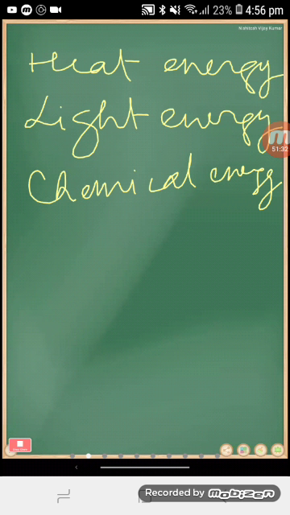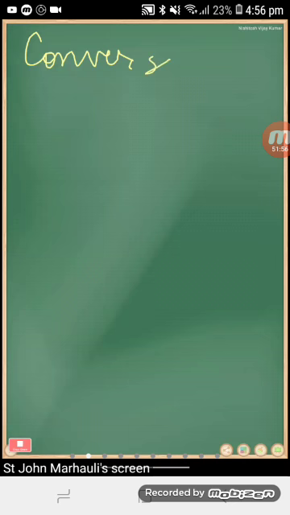Now we move to another major portion, that is the conversion of one form of energy to the other form. Whenever the conversion is taking place, it is taking place in accordance with the law of conservation of energy.